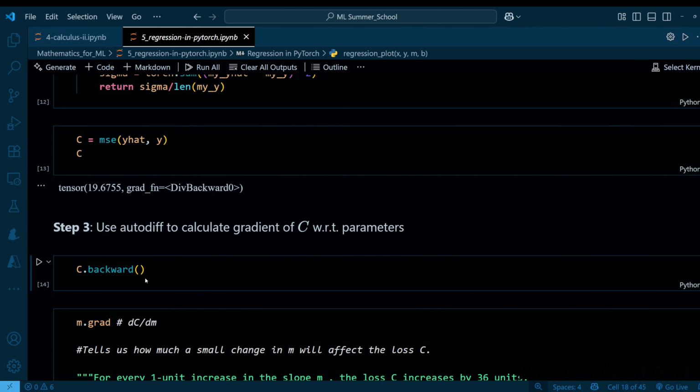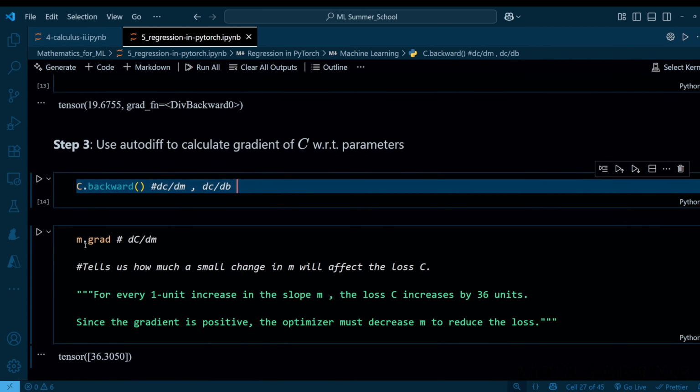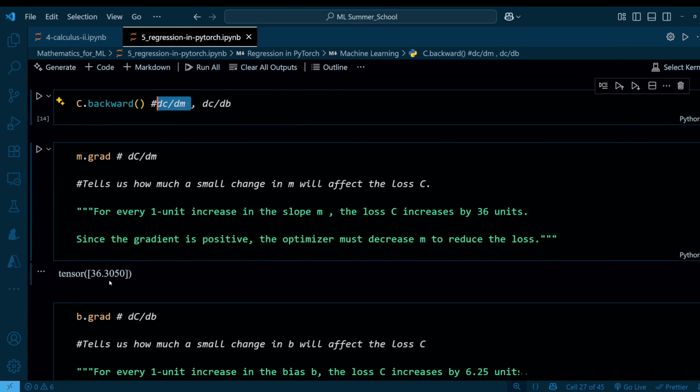Here is the thing: we should compute dc by dm and dc by db, because obviously this is what we do here. And here you see m dot grad. When we say that, we basically get the value of dc by dm, which is 36.30.